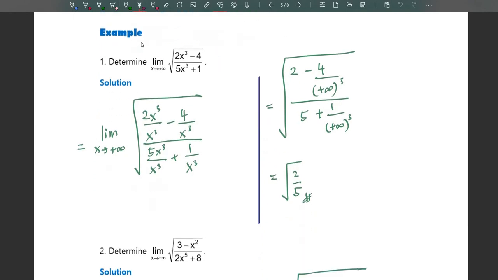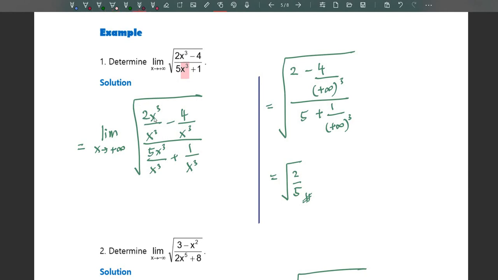For example, the first one, we have limit of root of (2x cubed minus 4) over (5x to the power of 3 plus 1). Right now, we still need to use the rule of thumb. Let's look for the highest power in the denominator, and that will be x cubed.